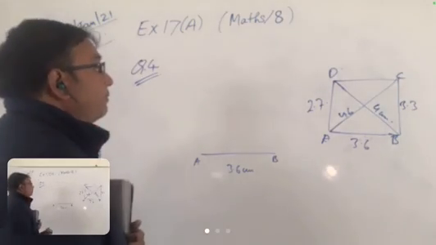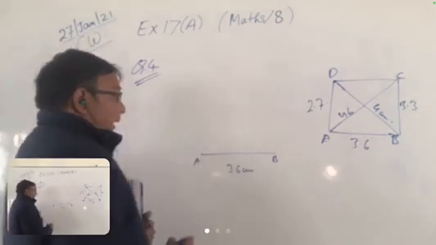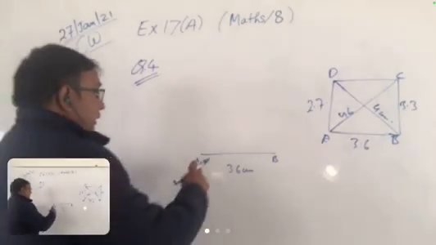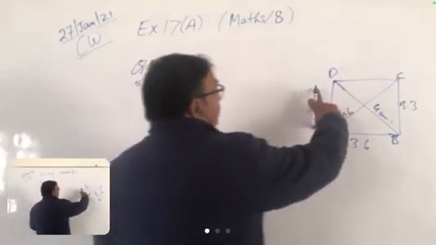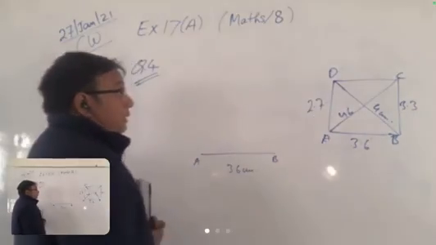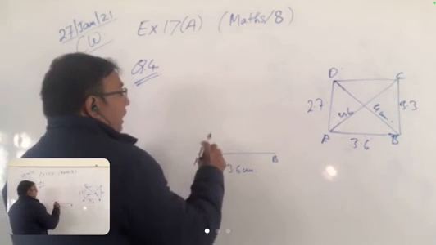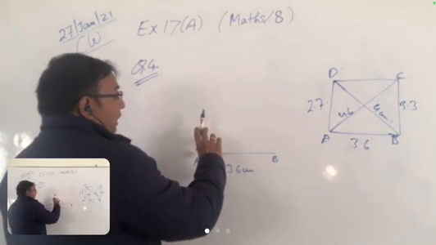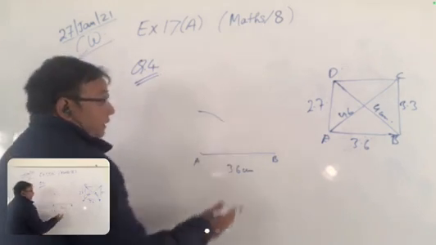Then take a compass, take a radius of 2.7, put the compass on A and mark 2.7 like this.